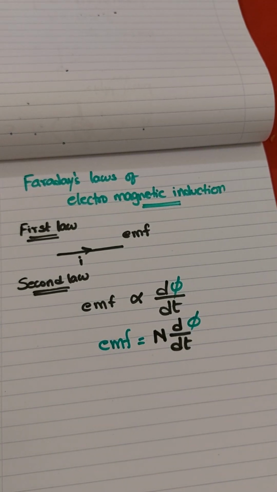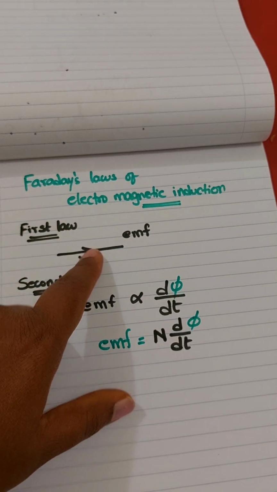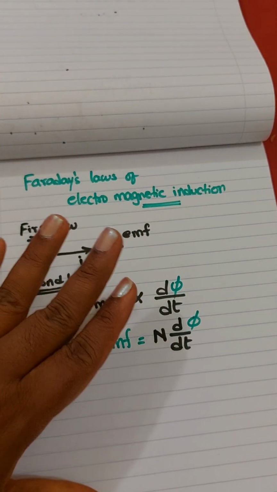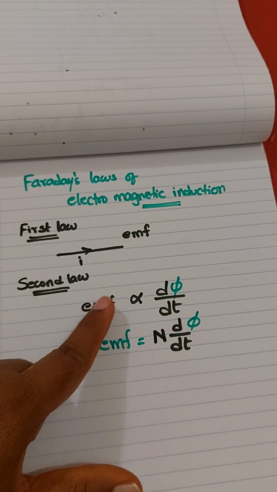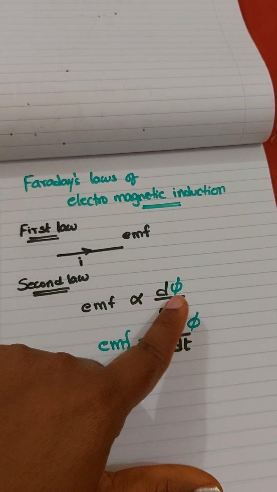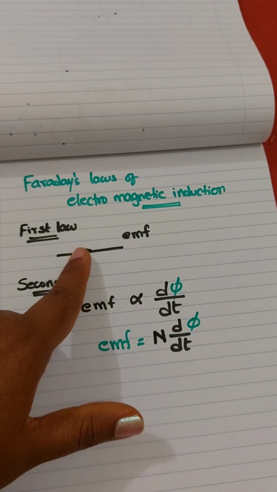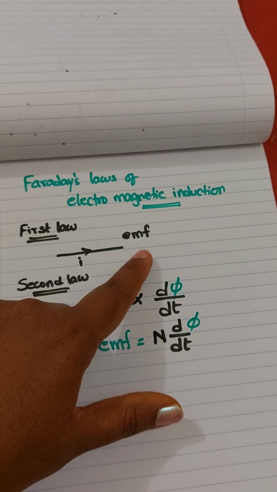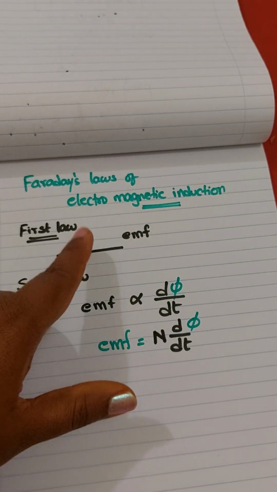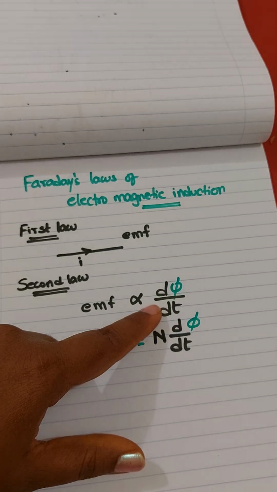Okay, first law, what it is saying: when a current is passed through the coil, it will induce an EMF, means it will give you a voltage. That voltage is directly proportional to the change of flux, because change of current will give change of flux, because current is producing flux. That flux is inducing EMF, right?